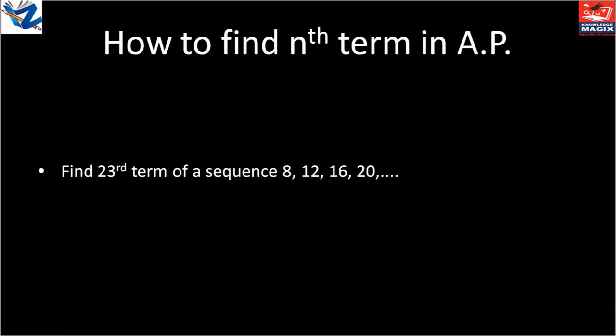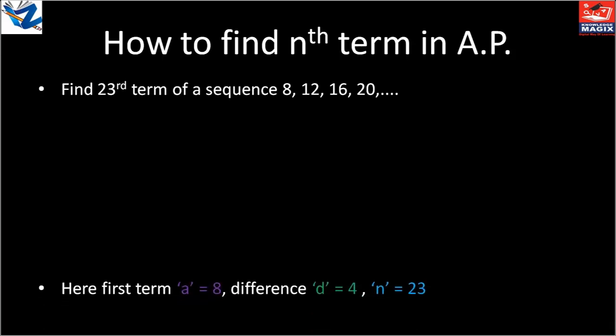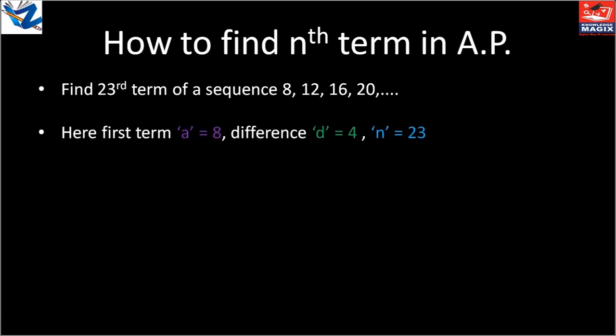Find 23rd term of a sequence 8, 12, 16, 20 and so on. Here, first term a is equal to 8, difference d is equal to 4, n is equal to 23. Nth term Tn is equal to a plus n minus 1 into d.